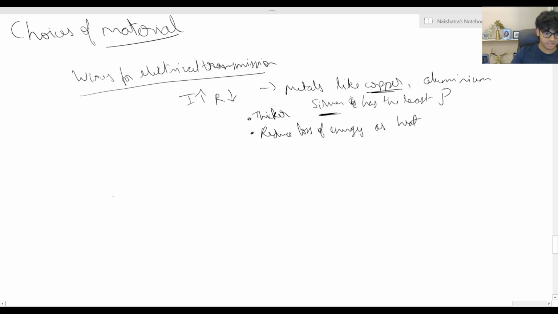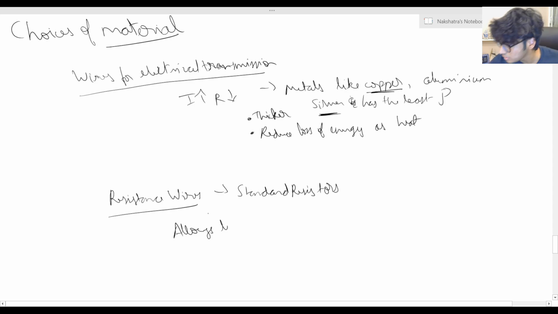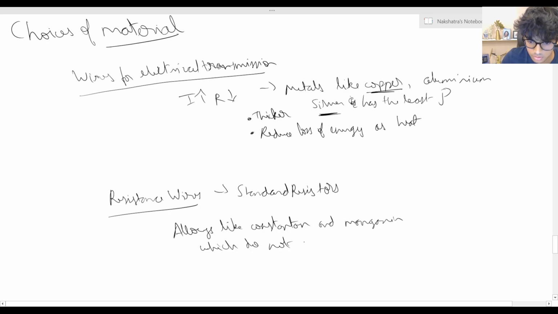After this come resistance wires. Resistance wires and standard resistors, their purpose is to provide a certain amount of resistance, but this resistance has to be the same, which is why we use alloys like constantan and manganin, which do not depend on temperature.